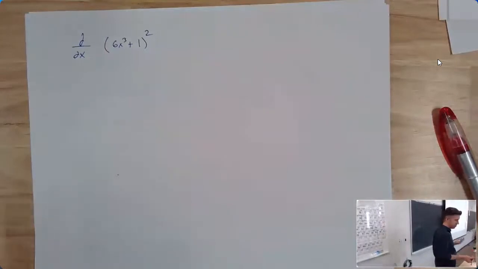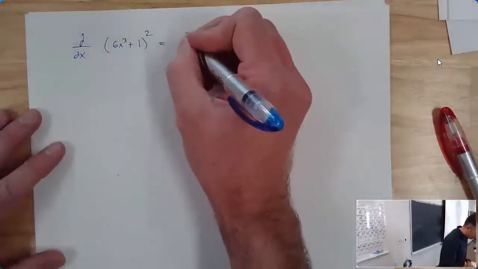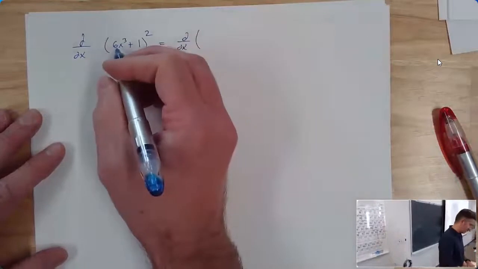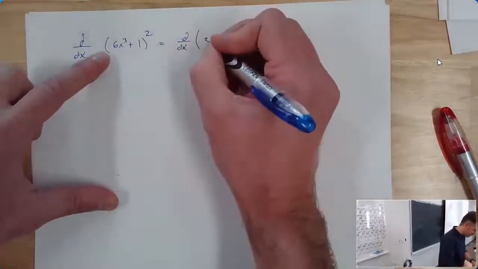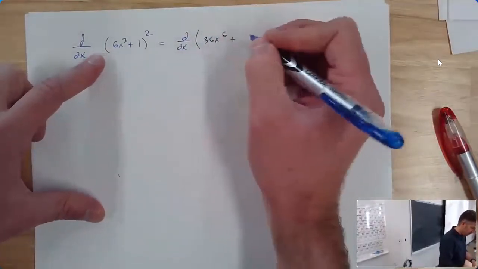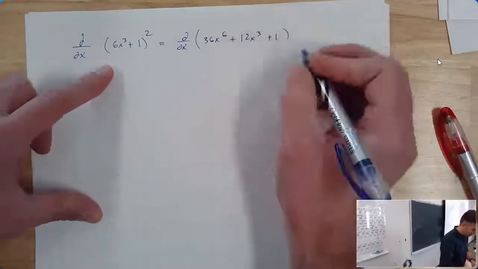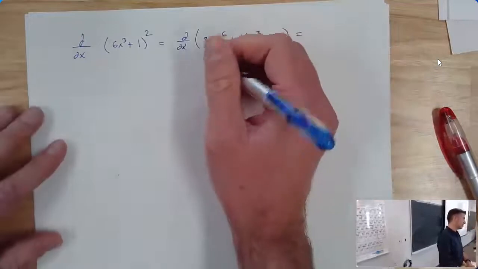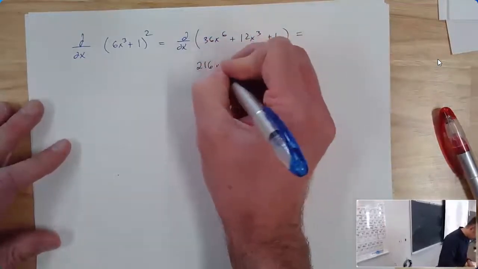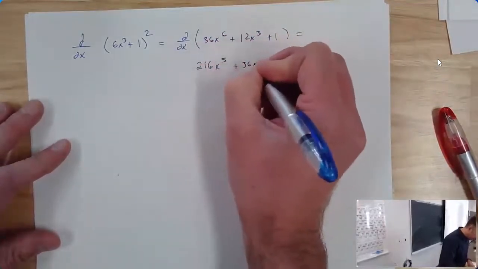Totally not terrible to multiply out. You have the derivative of 6x cubed times 6x cubed is 36x to the 6th. And then 6x cubed plus 6x cubed is 12x cubed. And then 1 times 1 is 1. And then the derivative of that's going to be 36 times 6, okay, fine, 216x to the 5th plus 36x squared.